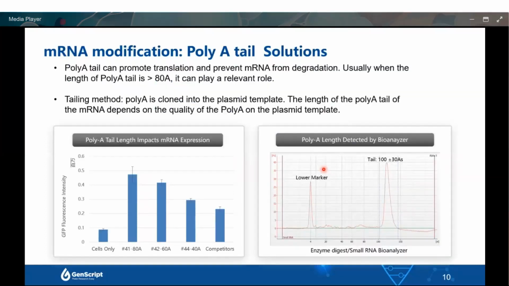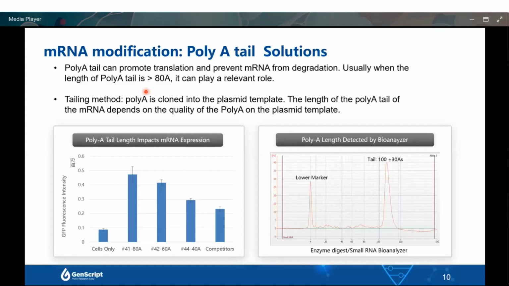And about the poly-A tail part. The length of the poly-A tail is an important evaluation. The poly-A tail can promote translation and prevent mRNA from degradation. Usually the length of the poly-A tail should be more than 80.